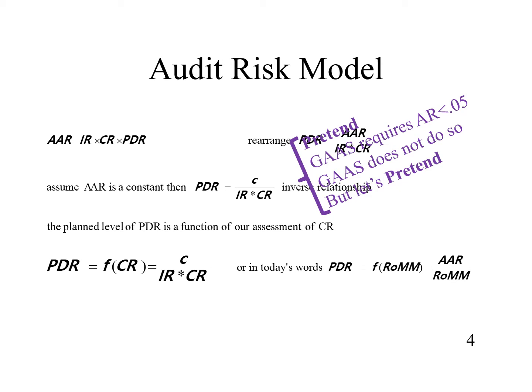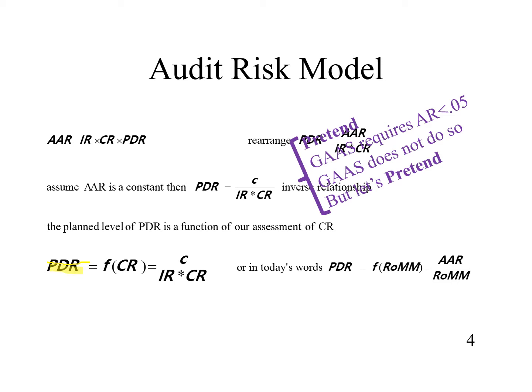Then the numerator becomes a constant. Then we have plan detection risk equals some constant, 0.05, over inherent risk times control risk. In other words, plan detection risk becomes a function of control risk.